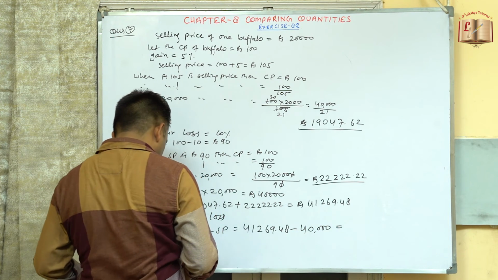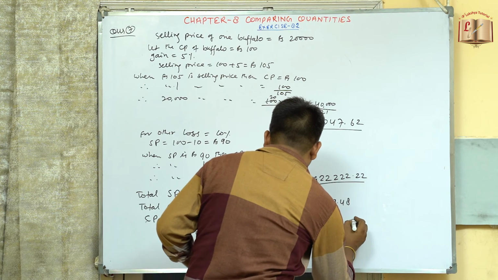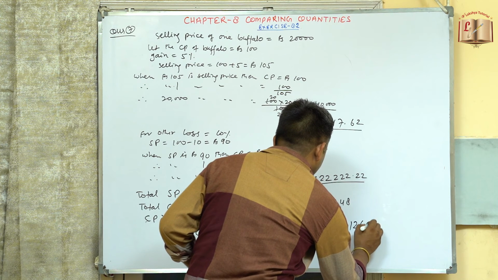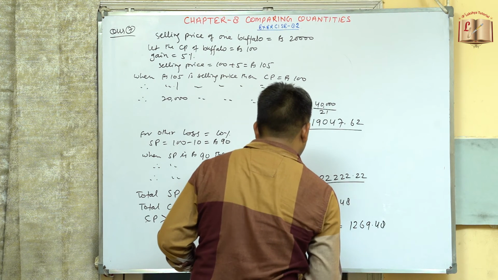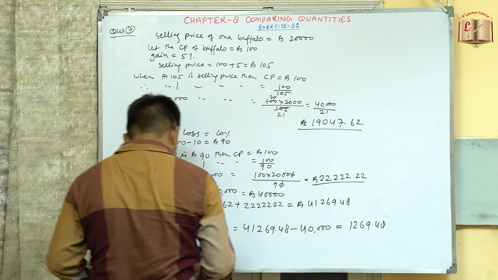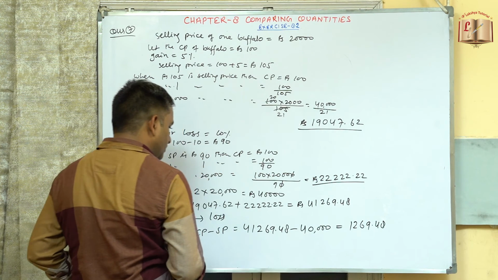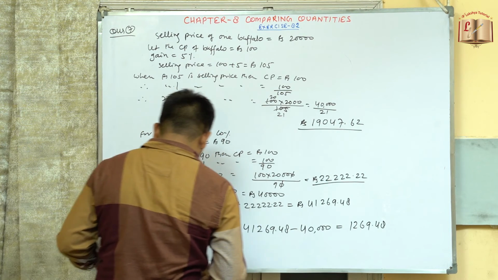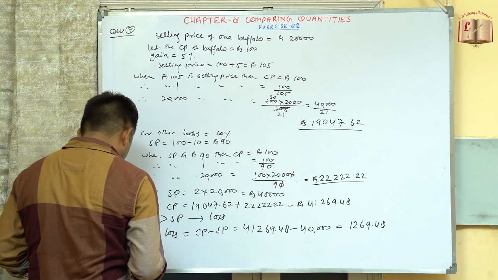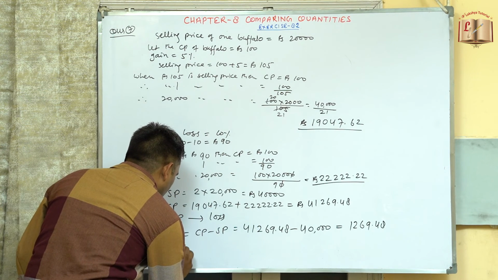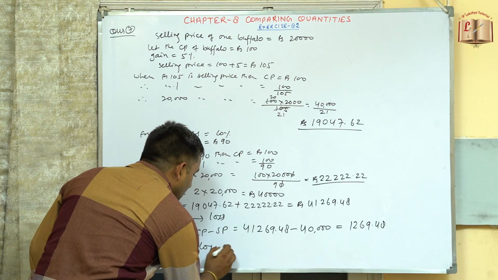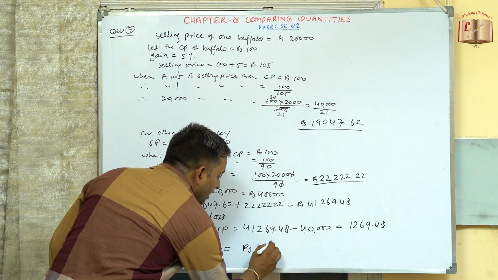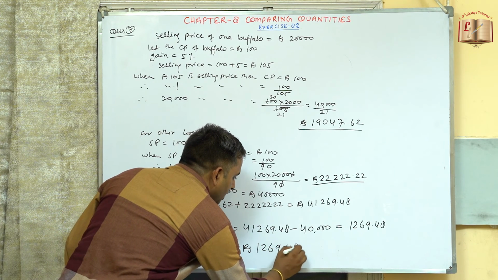So on subtraction, this will be now 1269.48 rupees. Now we will find out this loss. So the total loss is equals to rupees 1269.48.